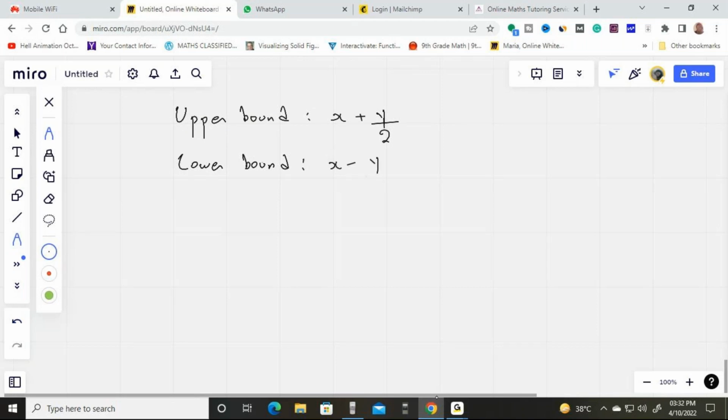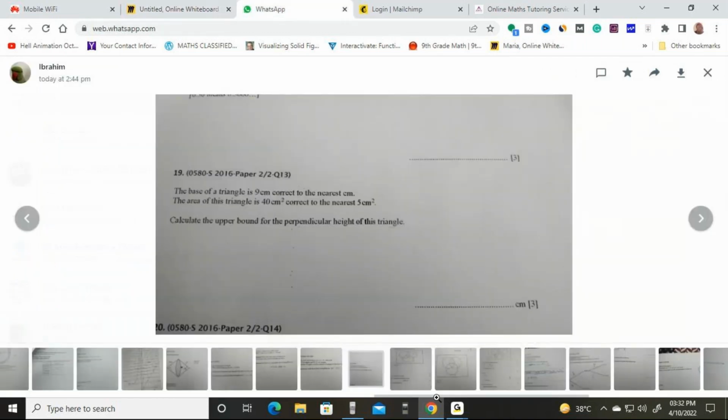That's what it is. Then you just write the formula of the area of a triangle. So area of any triangle is half times base into height. We know the value of the area, which is 40 centimeters square.